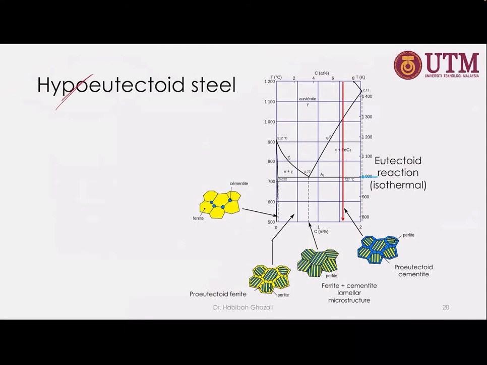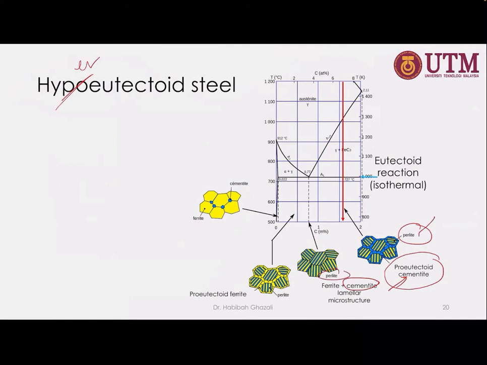Sorry, this is hyper. For hyper, since the pro-eutectoid cementite forms at the grain boundary, the grain itself is pearlite. The grain boundary is dominated by cementite, and this cementite is pro-eutectoid cementite. There is another cementite in the pearlite.